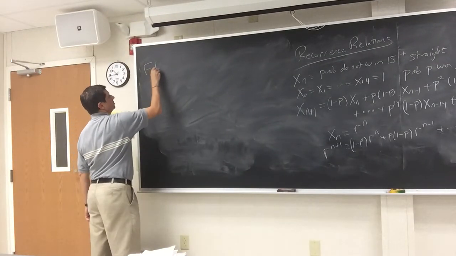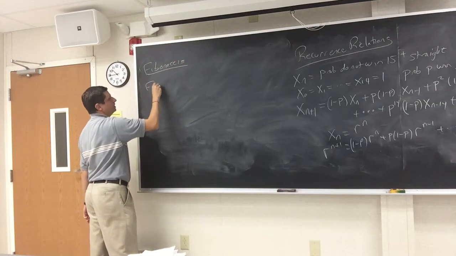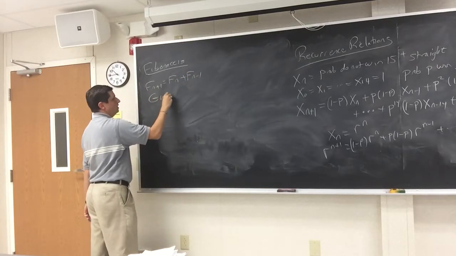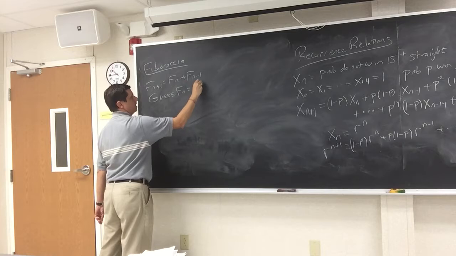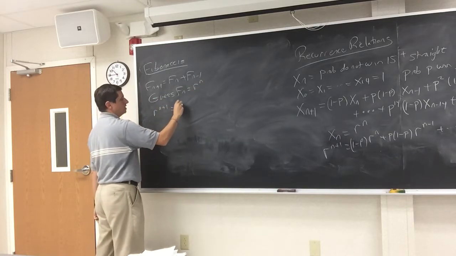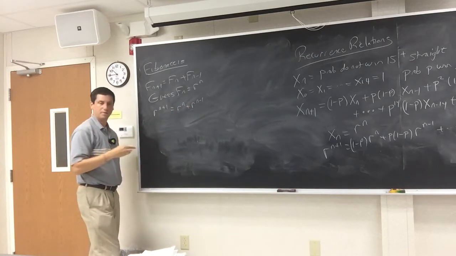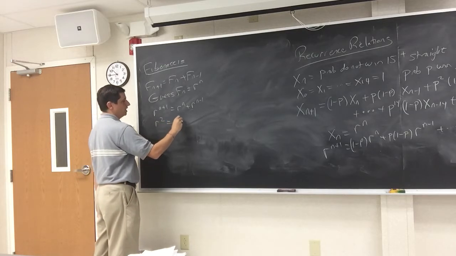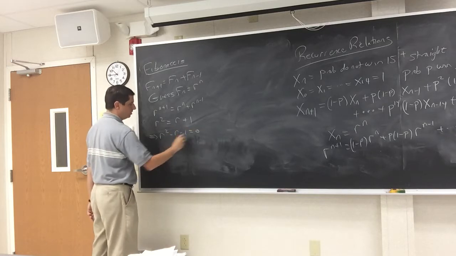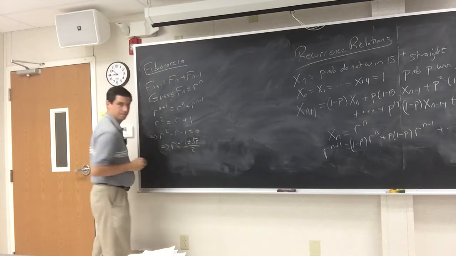For the Fibonacci numbers, we would have f sub n plus 1 is f sub n plus f sub n minus 1. We guess f sub n is r to the n. We then get, if this is true, r to the n plus 1 equals r to the n plus r to the n minus 1. Divide both sides by r to the n minus 1. You get r squared equals r plus 1, or r squared minus r minus 1 equals 0, or r equals 1 plus or minus root 5 over 2.